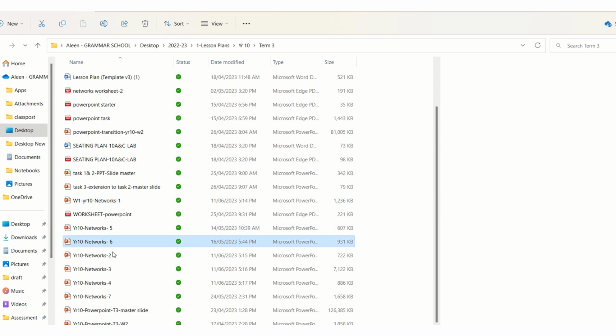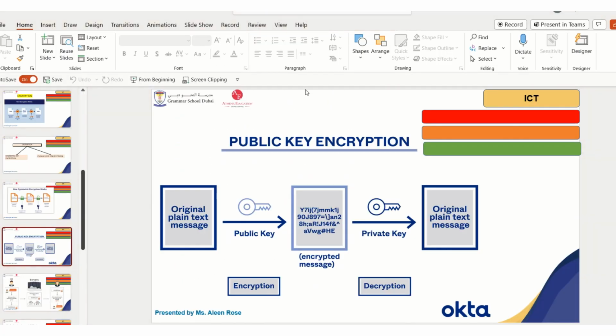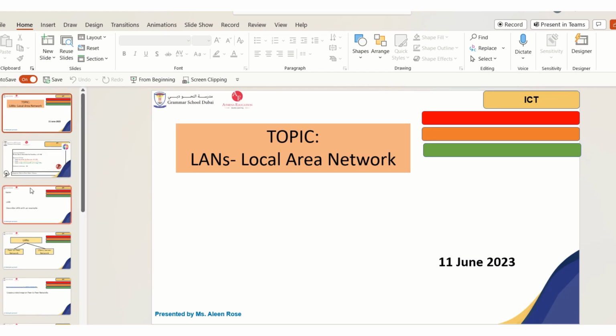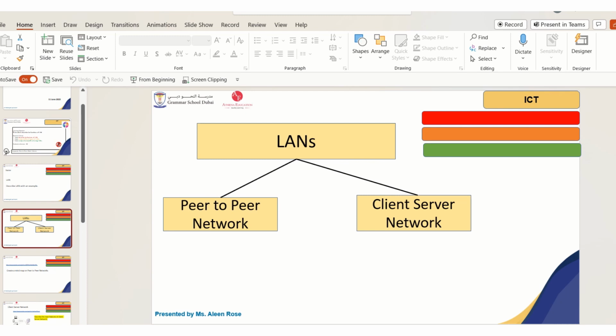Networks, it is the sixth one, local area network. I think we discussed this. Here comes our local area network.